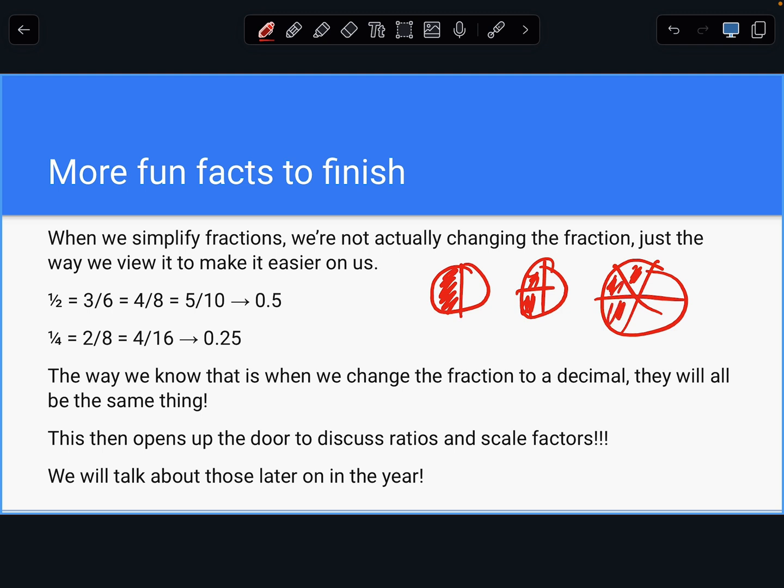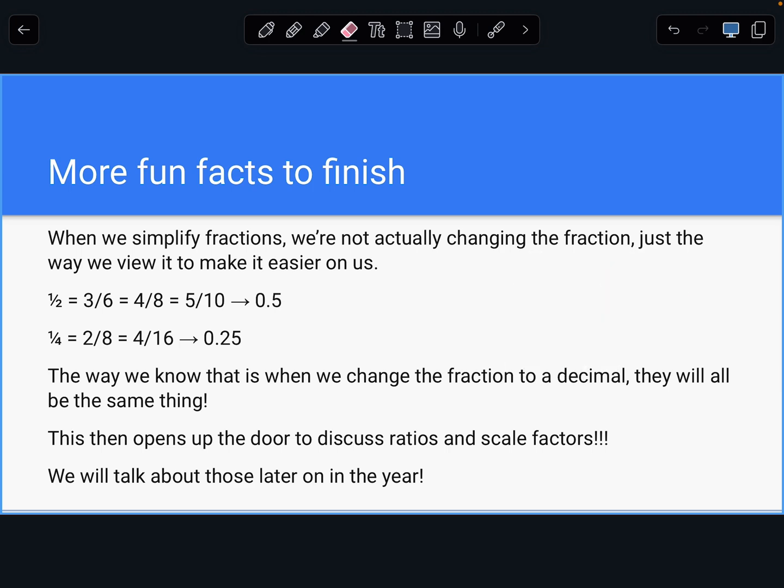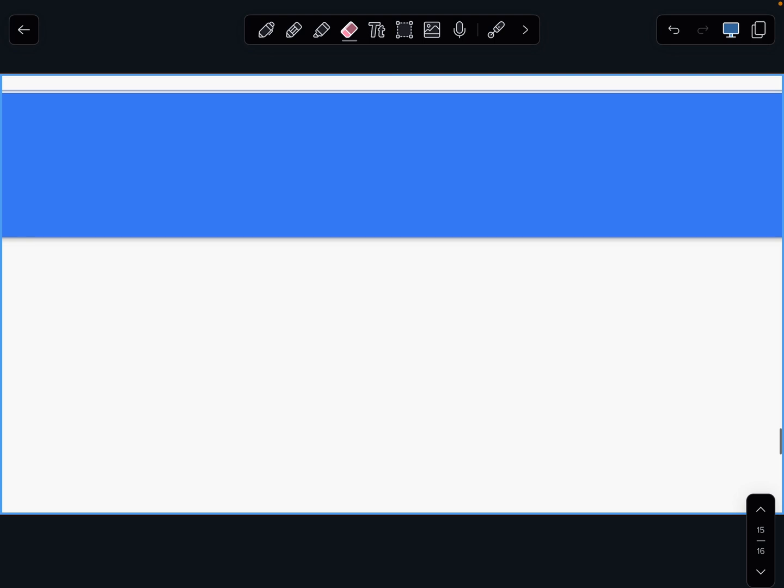We can see that visually by using the pizza, but mathematically we know it's the truth because no matter what we do, 1 divided by 2 is 0.5. 2 divided by 4 is 0.5. 3 divided by 6 is 0.5. So we can see it mathematically as well because they always come out to the same decimal. That's a nice little fun fact to finish with and a way to think about ratios, because we're going to talk about those later on in the year.